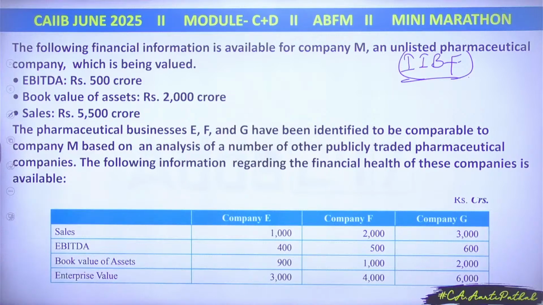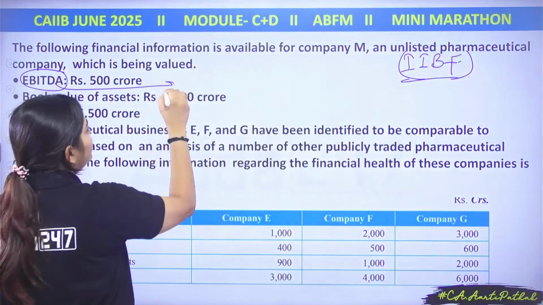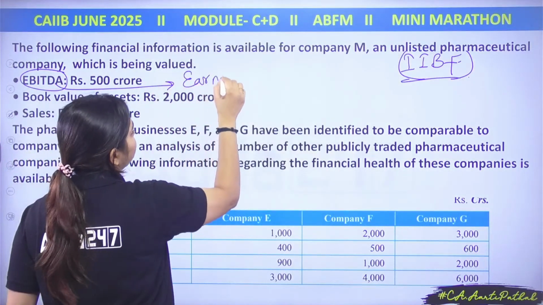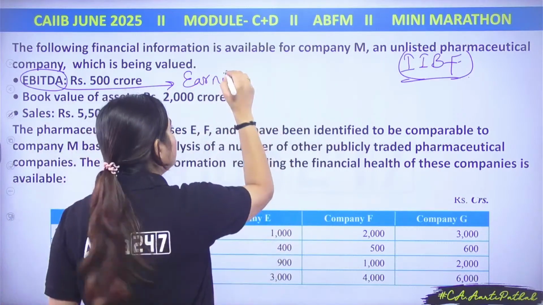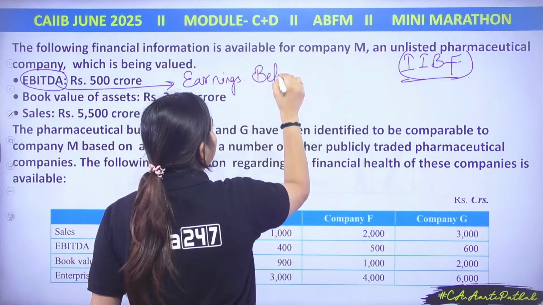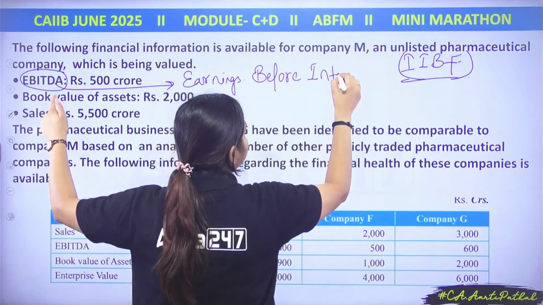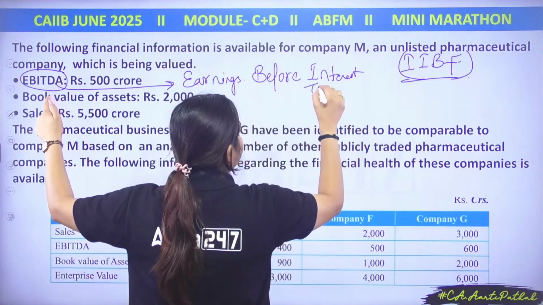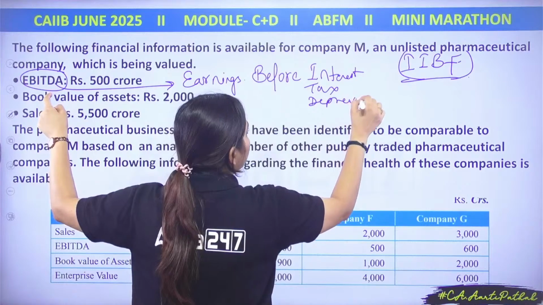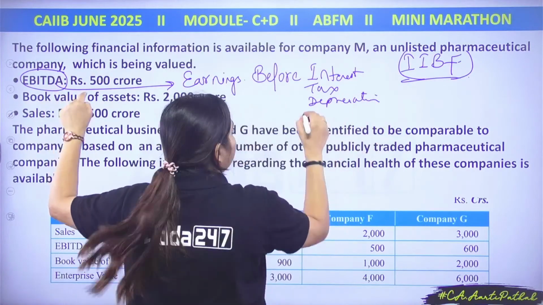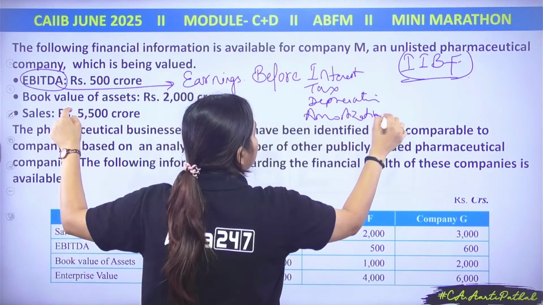EBITDA 500 crores. Now what is this EBITDA? These are your earnings. But which type of earnings? In these earnings, you have not deducted I, meaning interest, T, meaning tax, D, meaning depreciation, and A, meaning amortization.